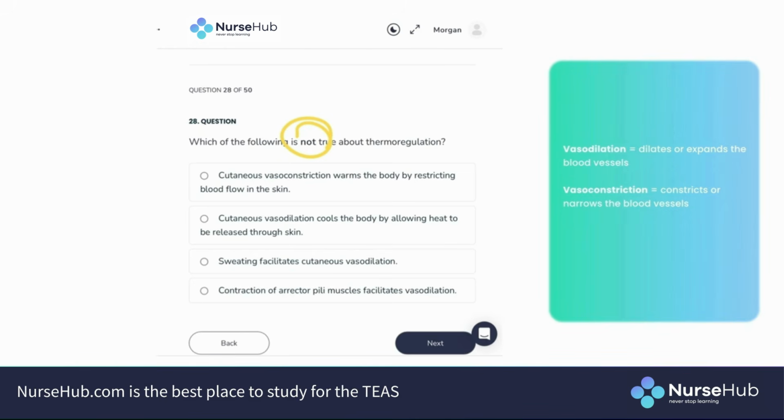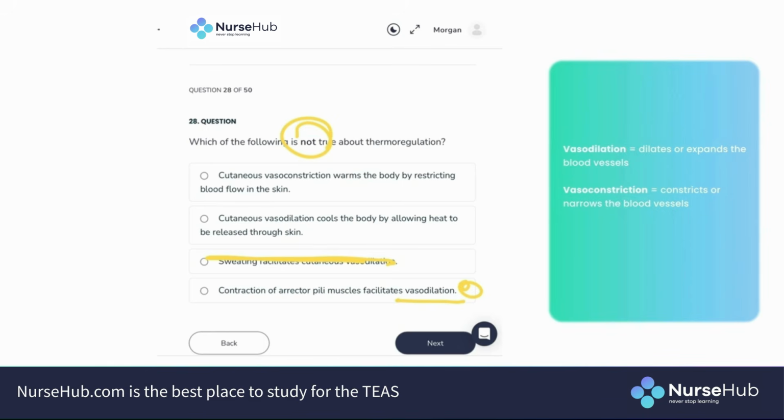Let's go ahead and start from the bottom. So this first one, I know that the contraction of erector pili muscle actually facilitates cutaneous vasoconstriction, not vasodilation. So I immediately think this might be my correct answer. But since it's not a true statement, I just want to make sure. We're going to continue. Sweating does facilitate cutaneous vasodilation. So this one I can eliminate because it is true. All right, the next one is cutaneous vasodilation cools the body by allowing heat to be released through the skin.